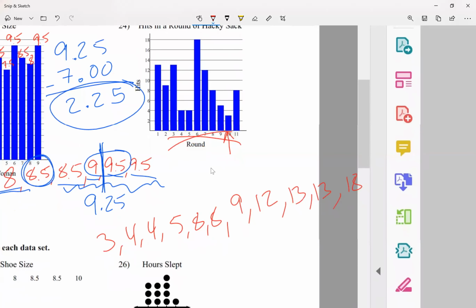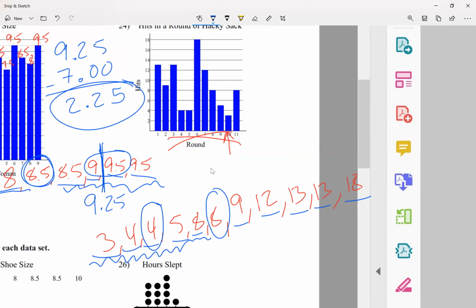Okay, let's take a look. Let's find the number in the middle. Cancel the smallest and the largest, small, large, small, large, small, large. So there's my median. It's 8. From the left side, let me find the number in the middle, which is 4.